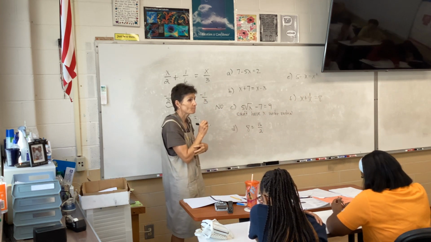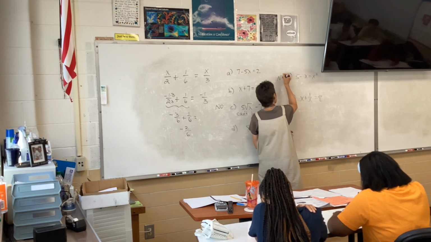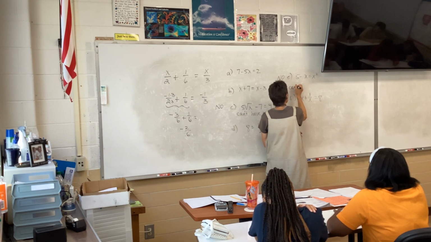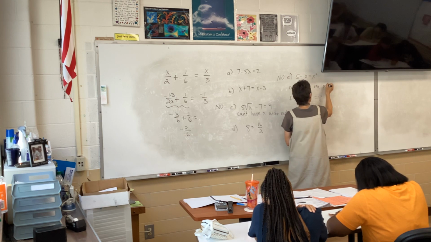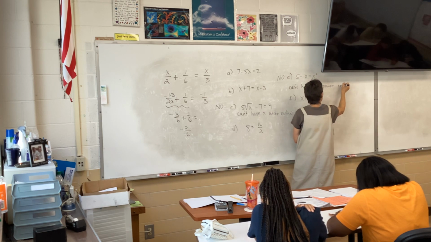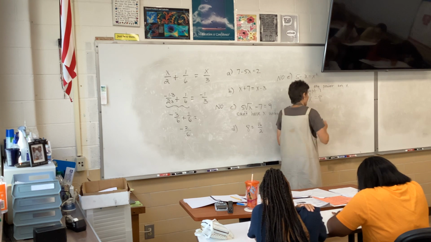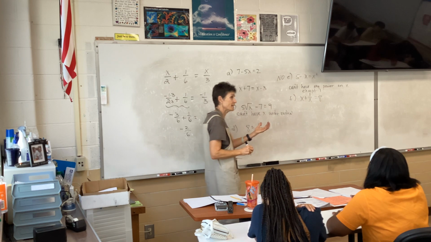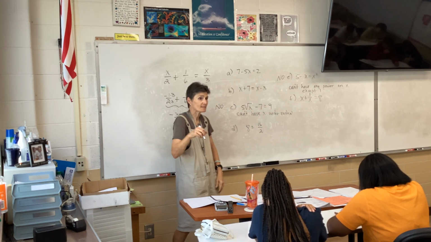Carol? Would that mean that E wouldn't work either? E is not linear because you can't have any power on x except 1. In other words, you have to have a plain x. You can't have an x squared, you can't have an x cubed, you can't have x to the negative 5th.